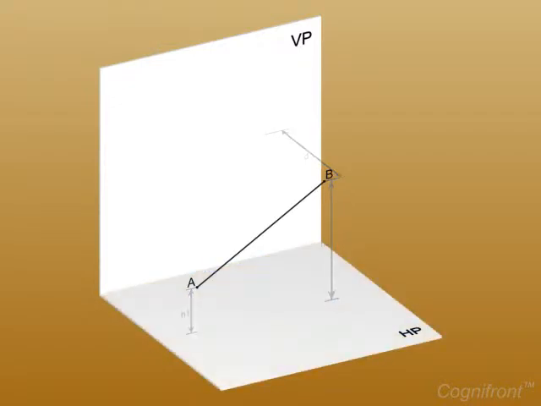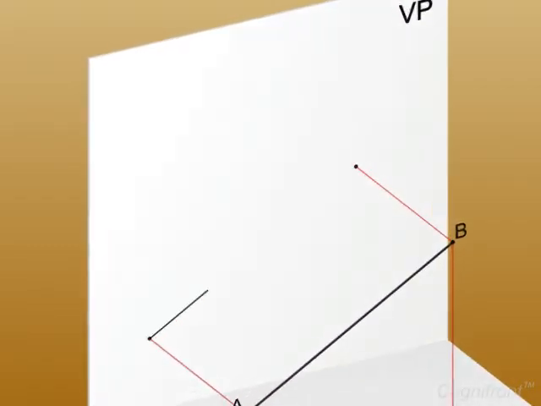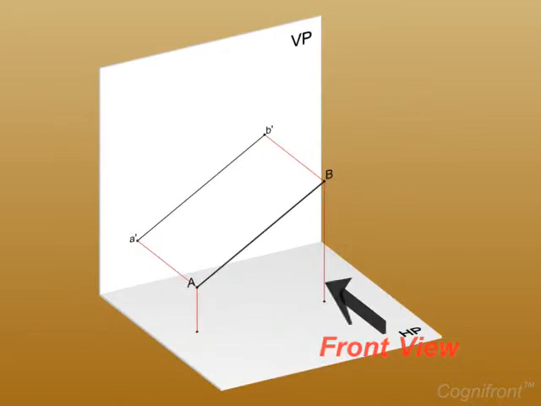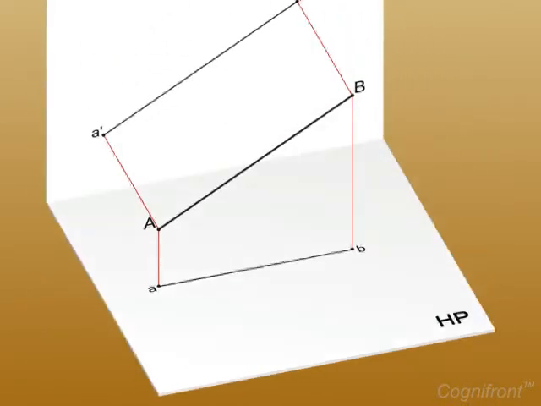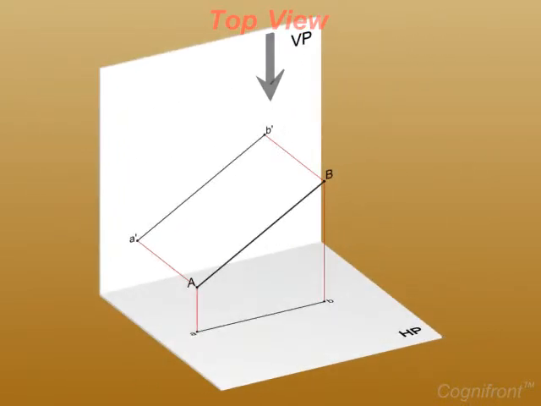Well, look at the diagram carefully. The projection of line AB onto VP and HP is line A'B' as the front view and line AB as the top view respectively.